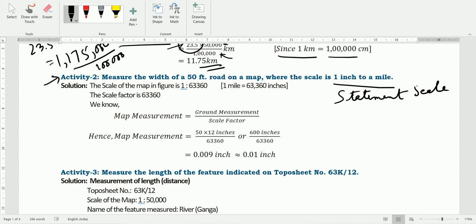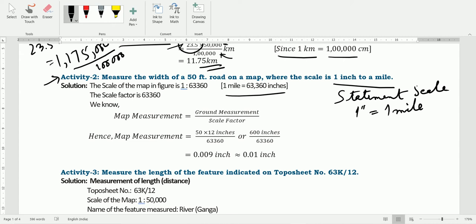That means 1 inch is equal to 1 mile, as given here. So the scale of the map is 1 is to 63,360, because 1 mile has 63,360 inches.